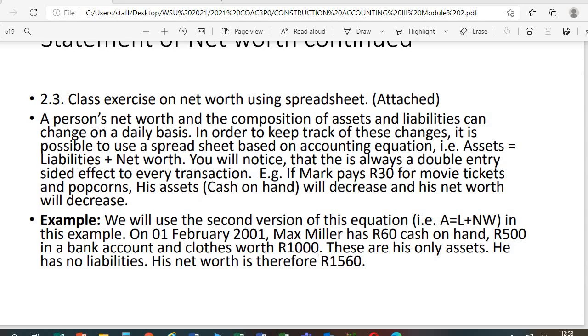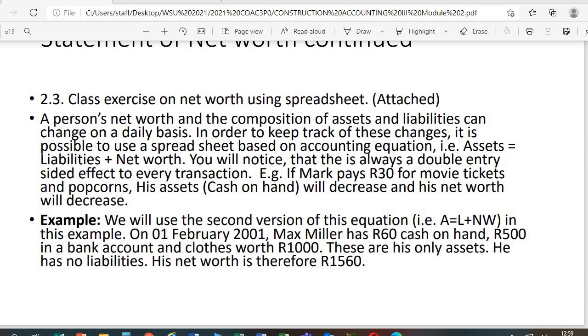This is further explanation to a statement of net worth, which is a person's net worth, and the composition of assets and liabilities can change on a daily basis. In order to keep a track of these changes, it is possible to use a spreadsheet based on the accounting equation, that is, assets equals to liabilities plus your net worth.